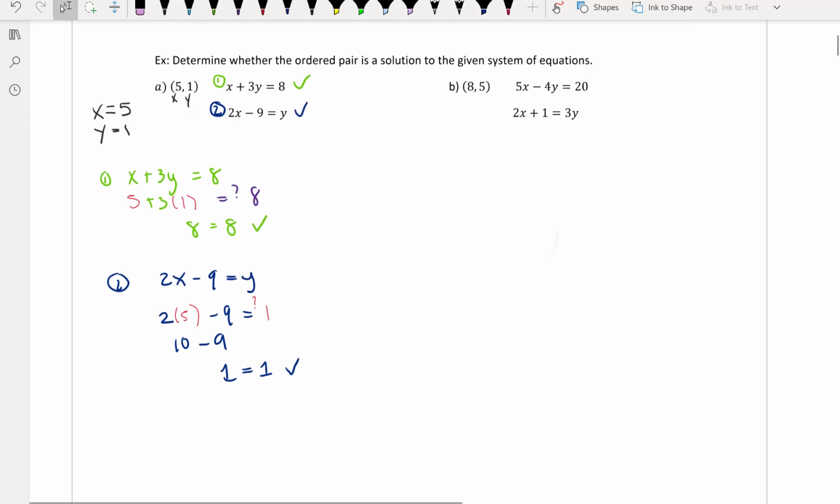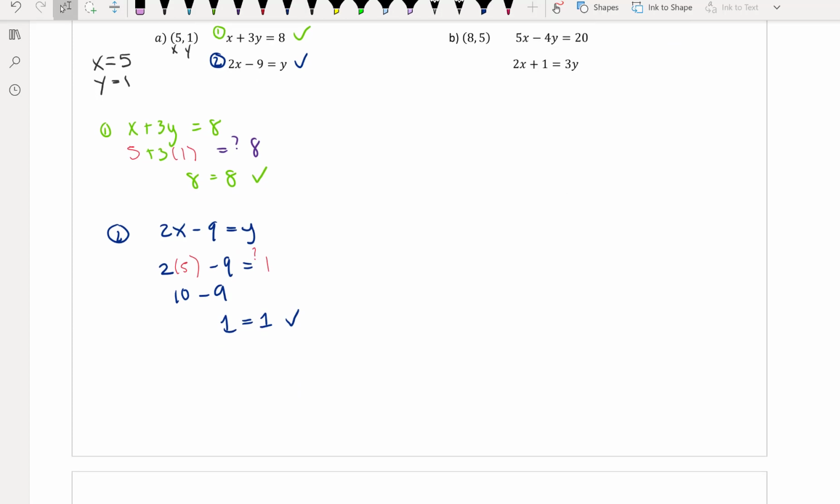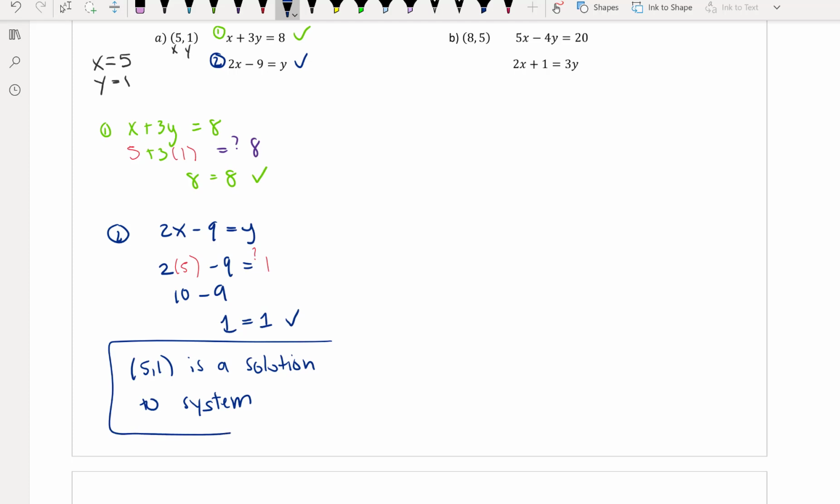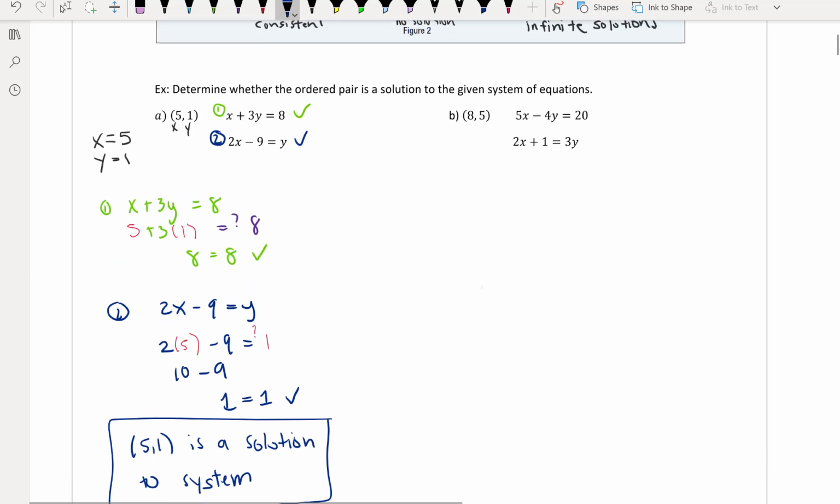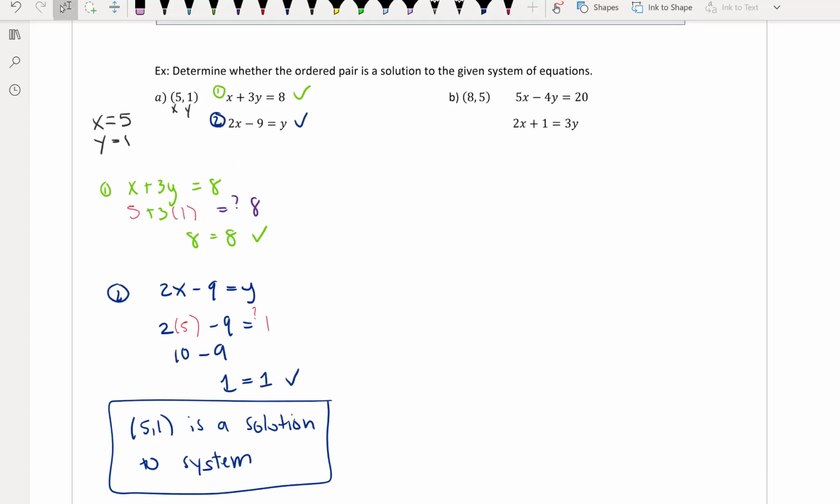So it works for both. Since it's true for both, we are going to say that 5, 1 is a solution to the system. It works out.